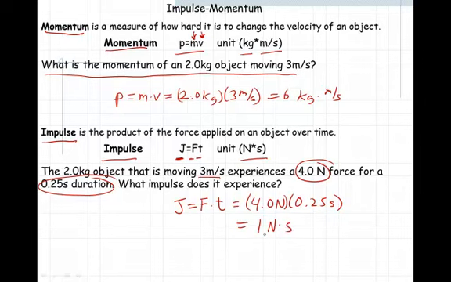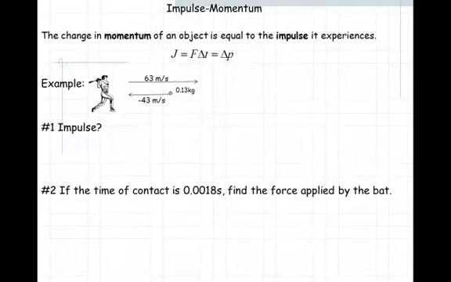We're going to find out later that there's actually a relationship between kilogram meters per second and Newton seconds, between those two sets of units. The reason for that relationship is the impulse momentum theorem.